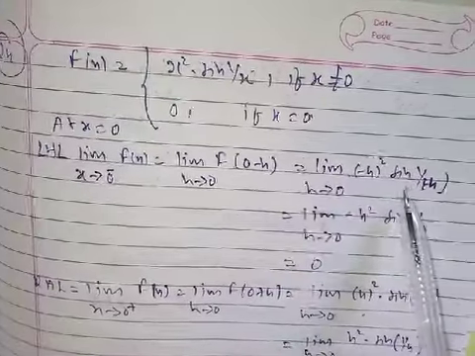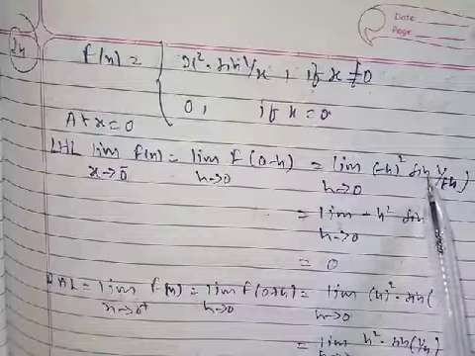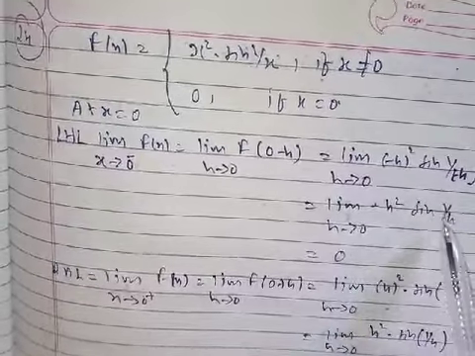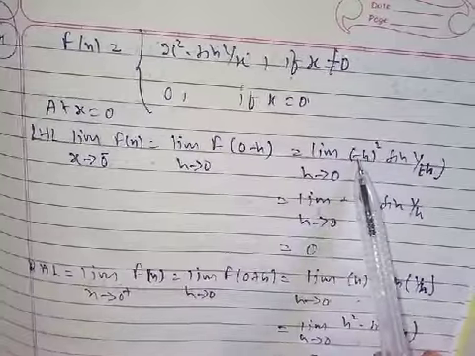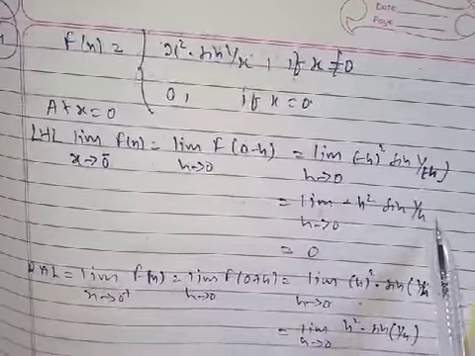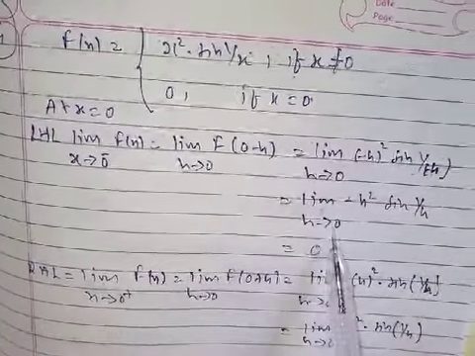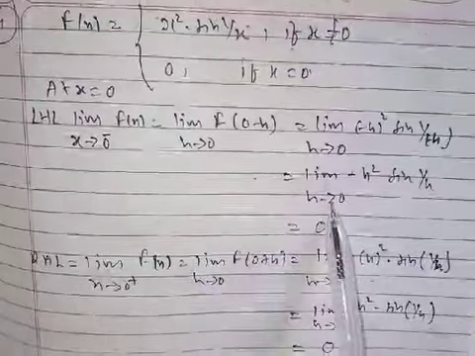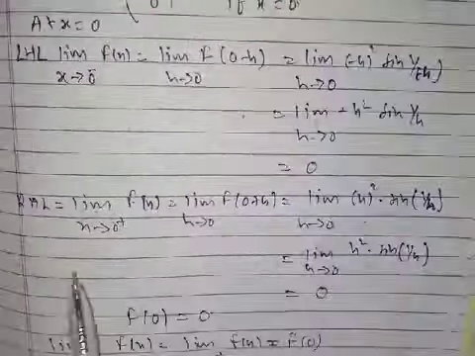We know that sine of minus theta is equal to minus sine theta. So this can be written as sine 1 upon h with a minus, and the square of minus will become positive, but this minus sign is for this one, because sine of minus theta is equal to minus sine theta. If we put in the limit, it will be 0. Let's check for RHS.